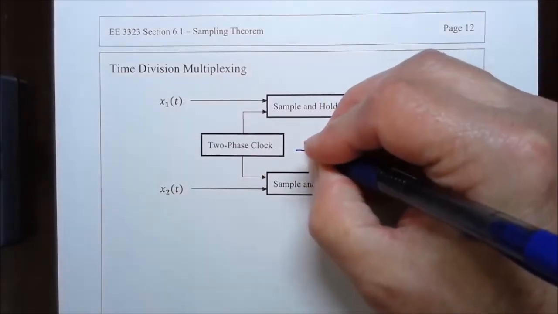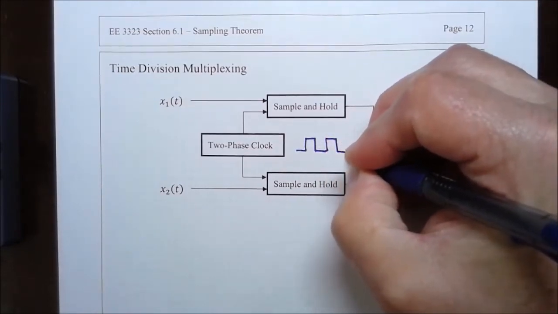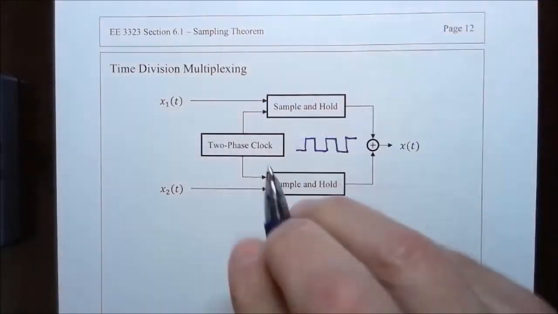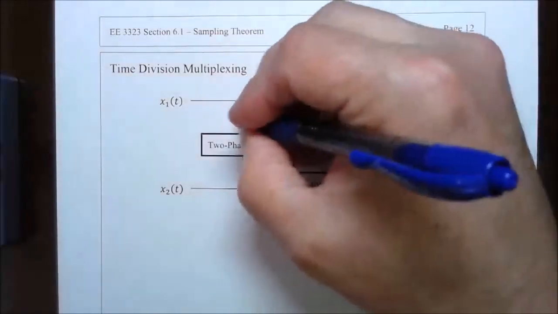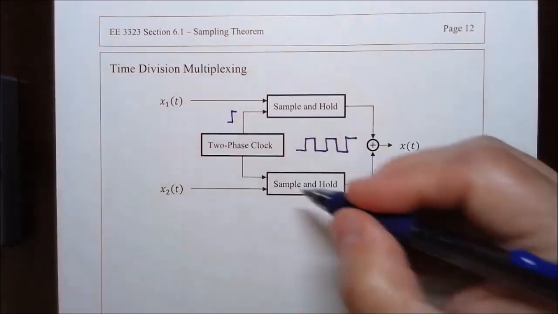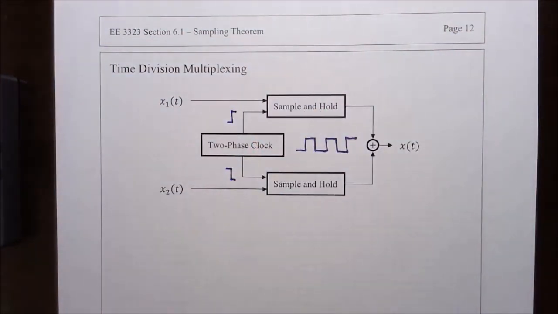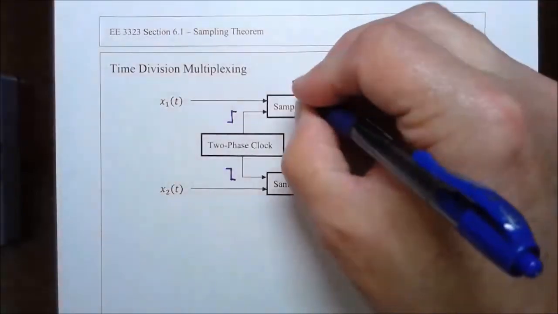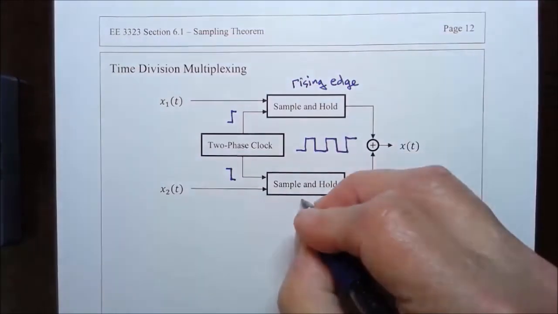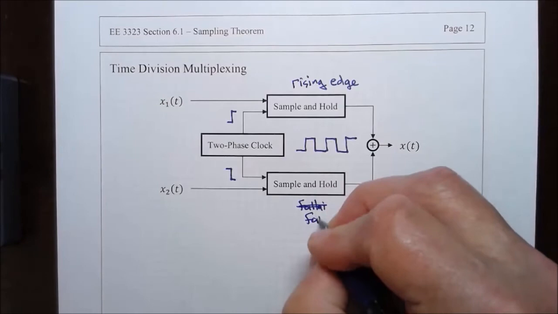The signal would normally be a square wave. Then we could have one of the sample and hold circuits triggered on the rising edge, and the other sample and hold circuit triggered on the falling edge. So this one is triggered on the falling edge.